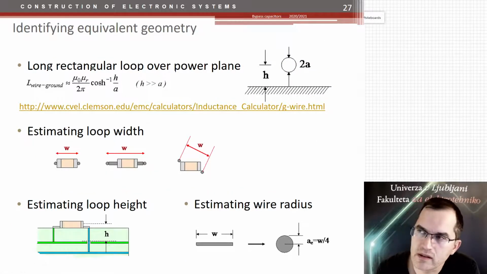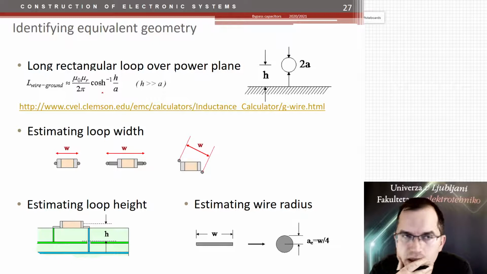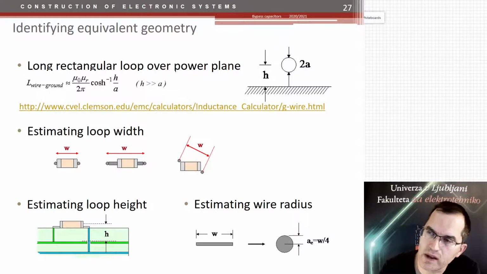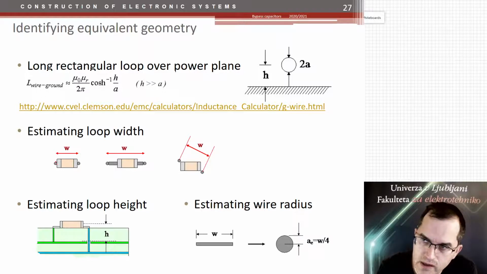So the same equation goes here, but you have to use the double height. If you have one single wire or track over the power plane, this is the equation, how to calculate the inductance of that wire. The width of the loop can be determined by measuring the distance between the connection points.